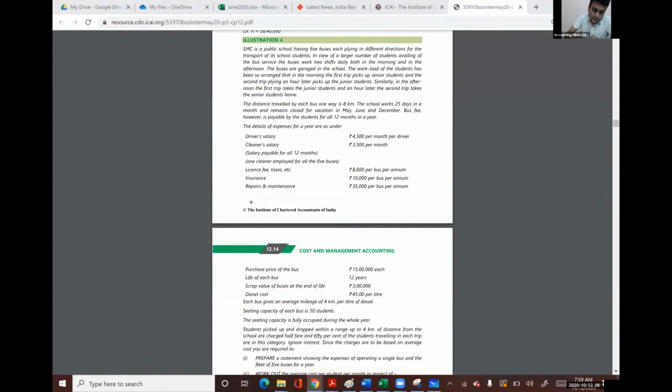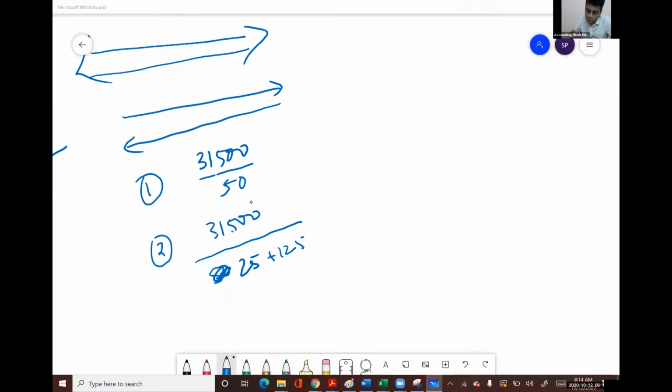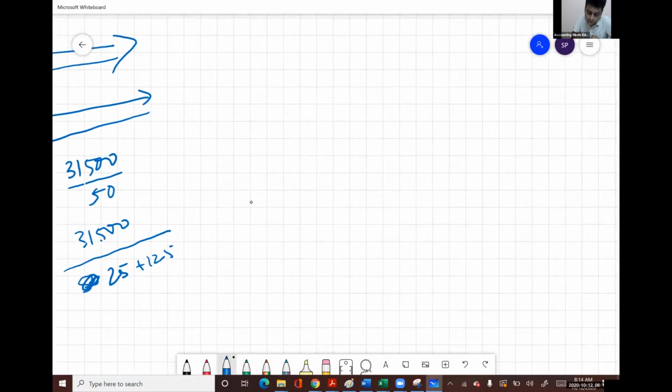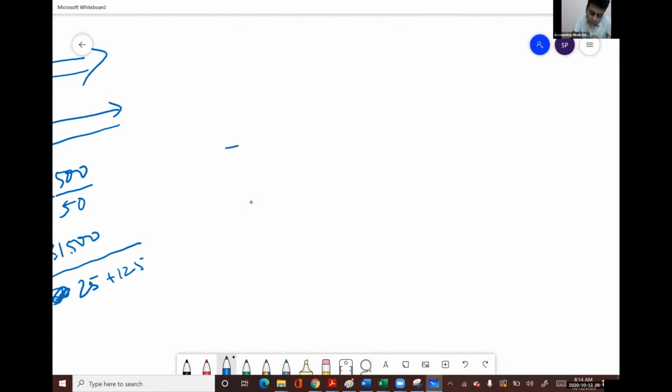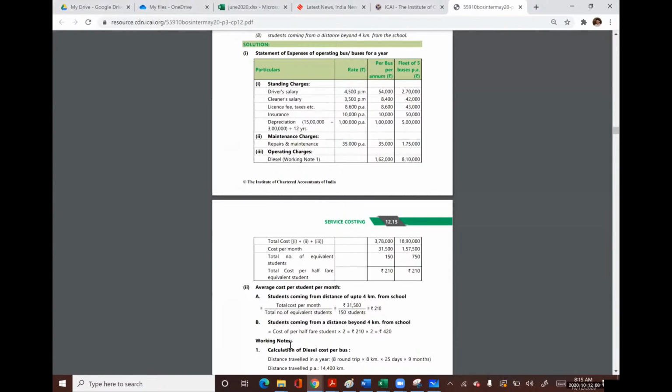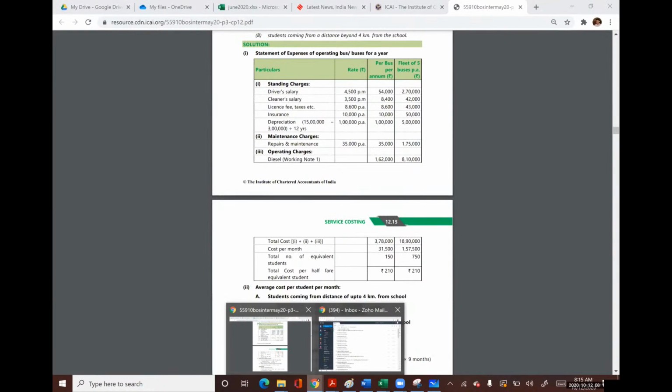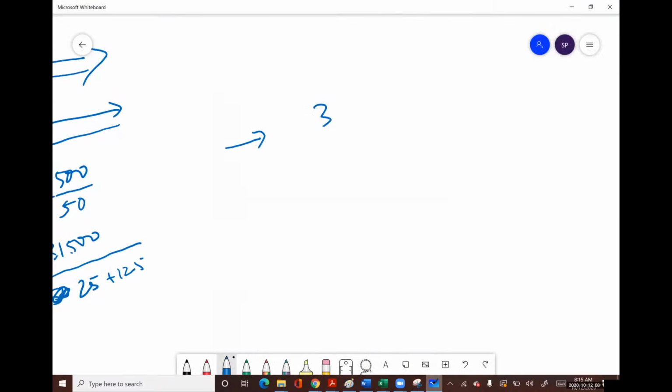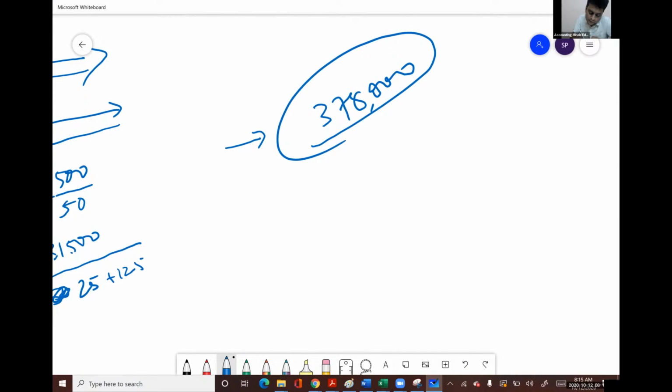So my dear friends, what I'm trying to explain to you is don't go to the remaining part of the question. What is the cost of running the bus? 3,78,000 is the cost of running the bus.